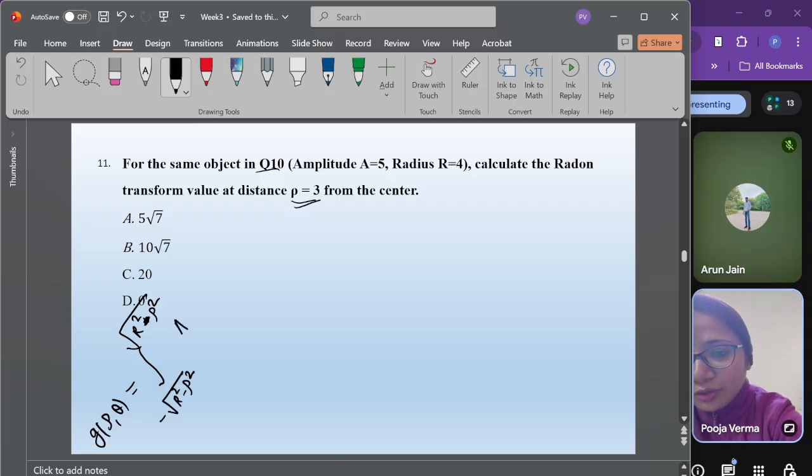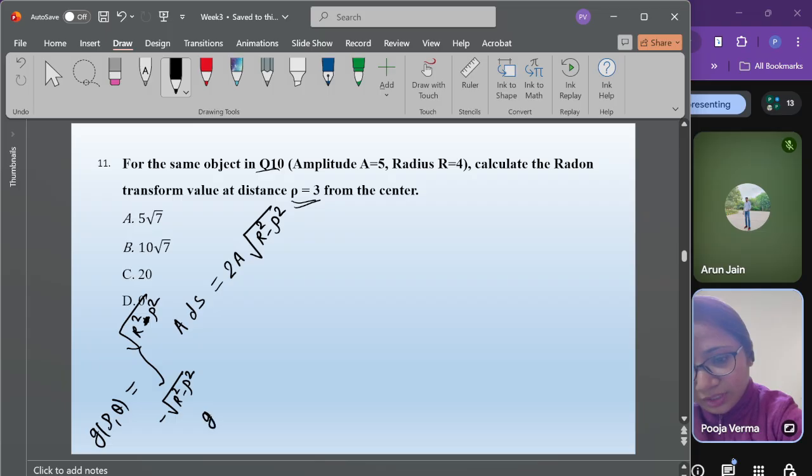The amplitude is given, whatever you take, ds. If you integrate it, you will get 2A root of R square minus rho square.